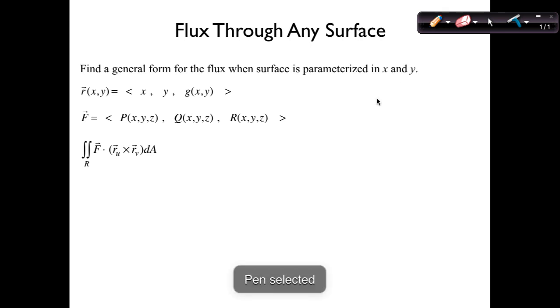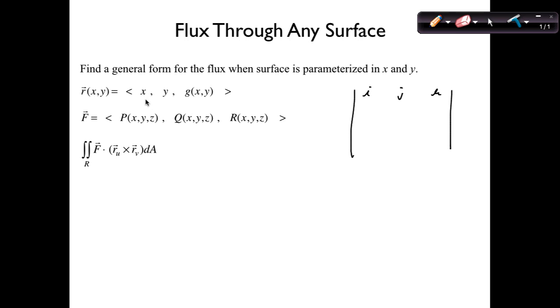So the partial derivatives: Rx is going to be 1, 0, the partial of g with respect to x. And Ry will be 0, 1, the partial of g with respect to y.